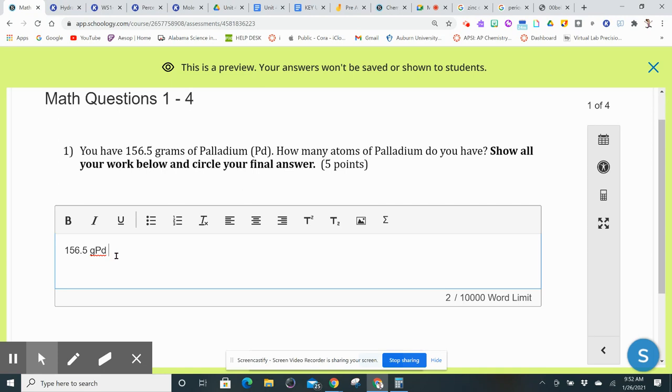Now, I don't want grams of palladium. What am I asked to find? Where's my question? How many what? Atoms of palladium. Do I have a conversion that goes directly from grams to atoms? No. What do I need to do first?